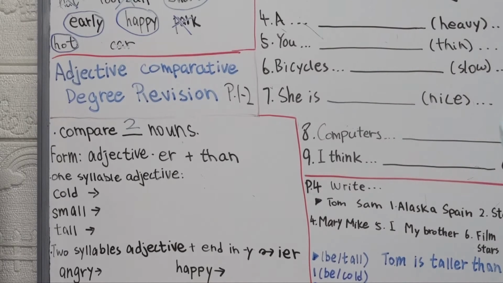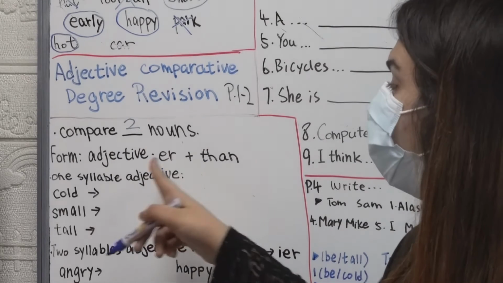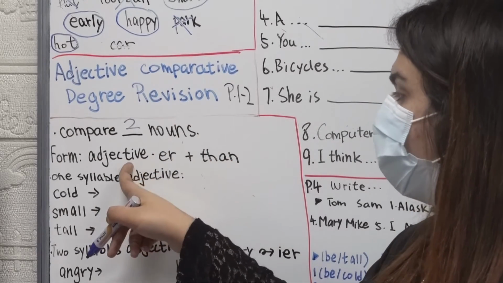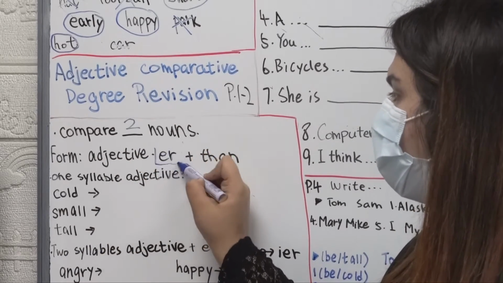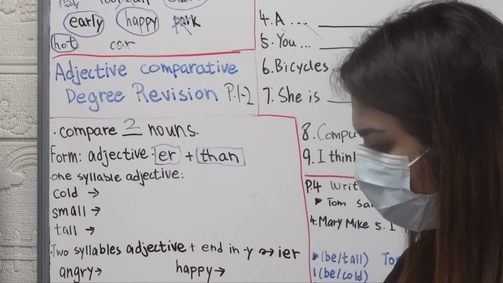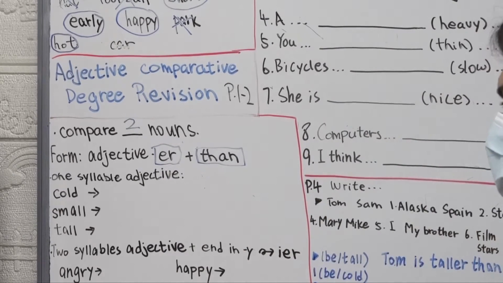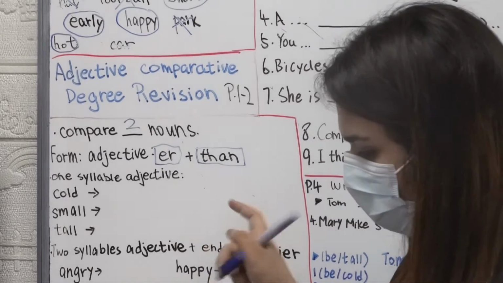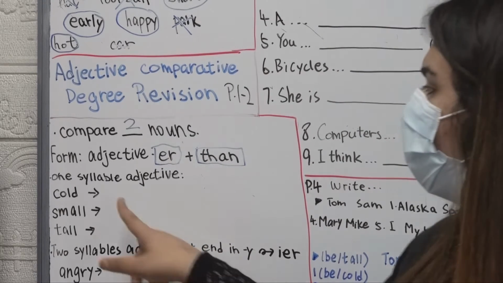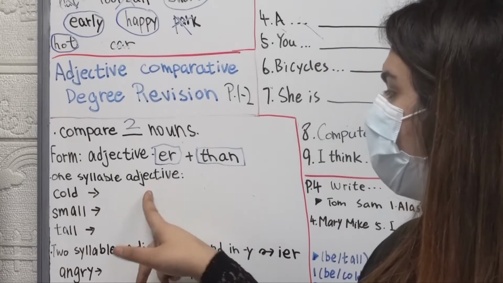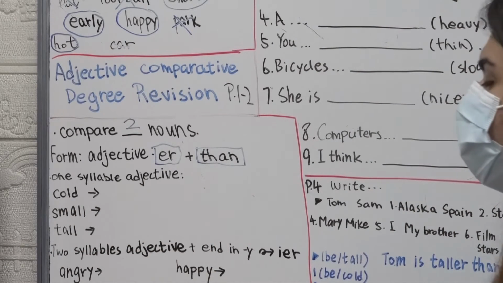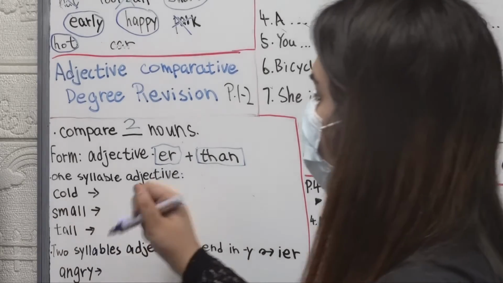The form is adjective, the most common one. We add ER and then "than". So let's have a look at the first rule. One-syllable adjective, mostly we add ER and then "than". Cold becomes colder than, because there's nothing special.